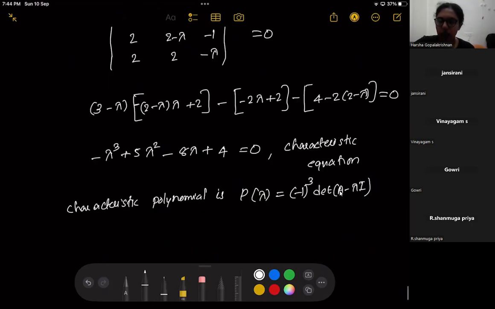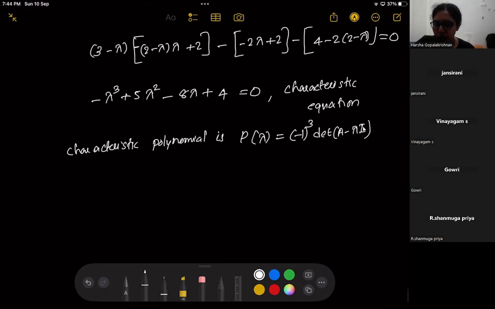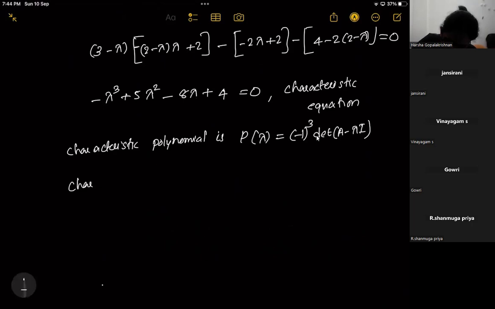So if you are asked to find the polynomial, this is what you should write. The characteristic polynomial: p of lambda equal to minus 1 power 3, which is minus 1, times the determinant of A minus lambda I, which we have already found. We multiply that with minus 1. The reason we take minus 1 power n is that we always need the leading coefficient to be plus 1, to avoid that minus.